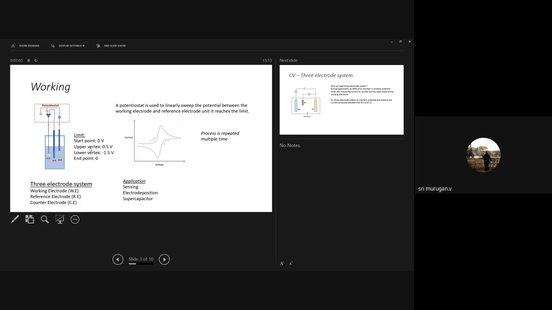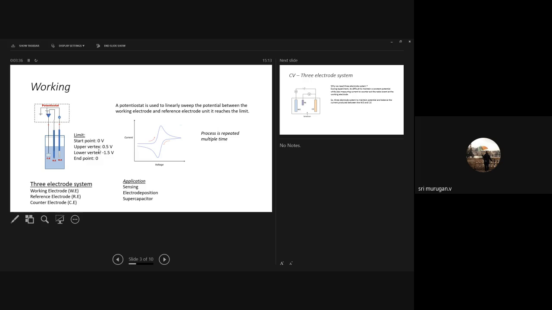Once we are setting up, we can take it as four quadrants: the first and second quadrants are the upper part, and the third and fourth are the lower part. We start from 0.5 volt, which is a limit I am setting, and we can change it.